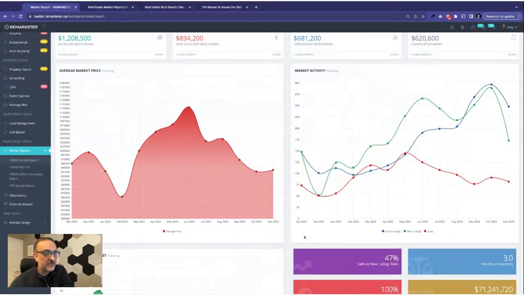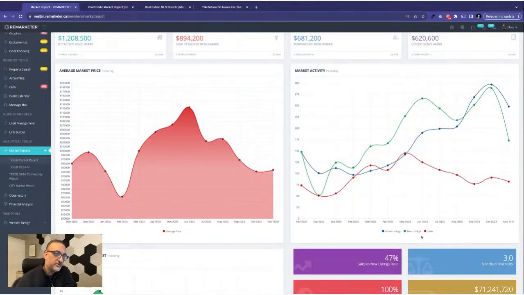Let's compare November to November to begin with, right? So November 2022 versus November 2023, two very different markets. If you remember November 2022, we were looking at a very different market compared to what is happening right now.